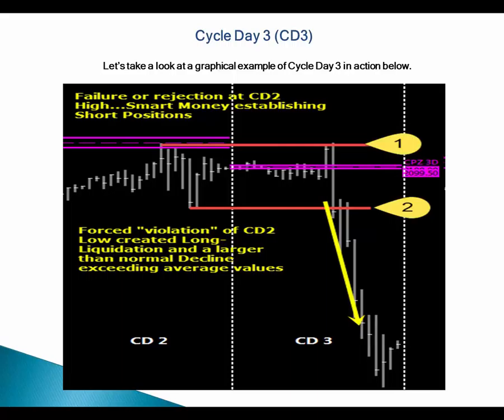If price can then rally or extend beyond cycle day 2's high, then we have an extension or potentially an expansion of the cycle, and again, we have projected levels. What we're looking for on a day-to-day basis is acceptance or rejection of the range highs or lows for the day.